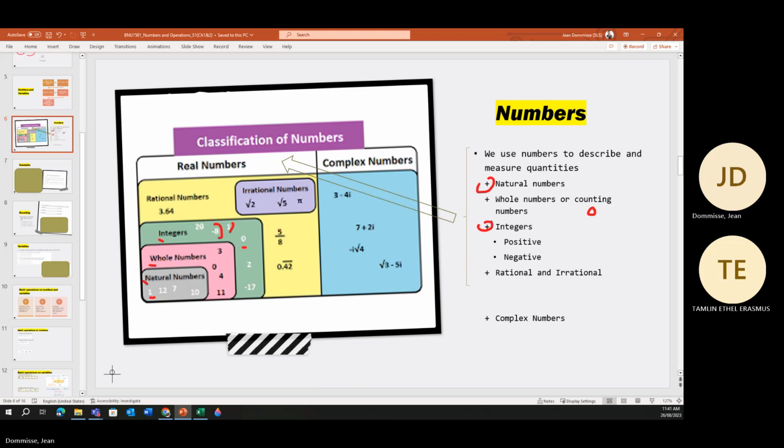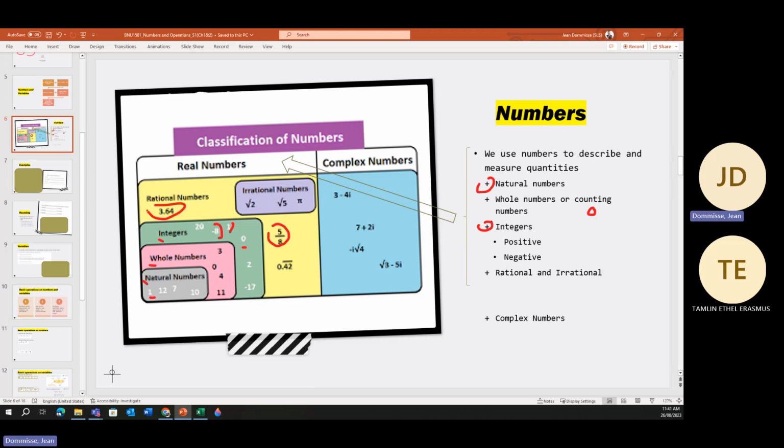And then we also have rational numbers and irrational numbers. Rational numbers are things that you can easily identify, easily see. So something like a fraction is a rational number.